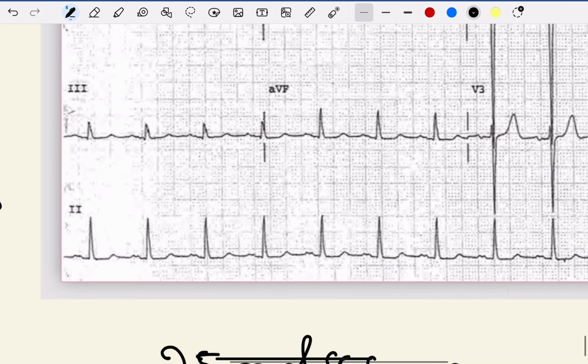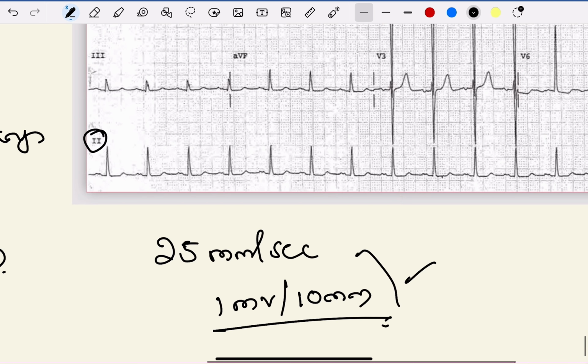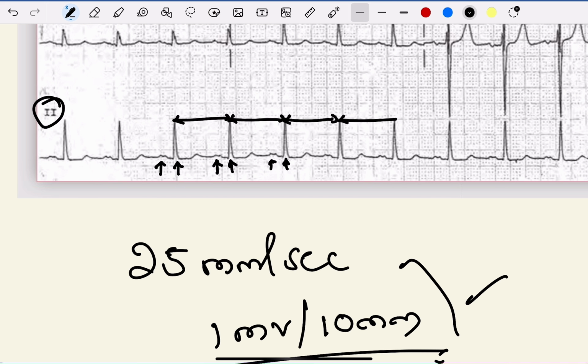Let us look at this rhythm. Rhythm is looked at in lead number 2. Are you able to identify P waves here? Yes, obviously there are P waves, and there is a little morphological change in that, which I will explain later. Every P wave is followed by a QRS, P wave, QRS, P wave, QRS, and the RR interval is relatively fixed, that is, regular.